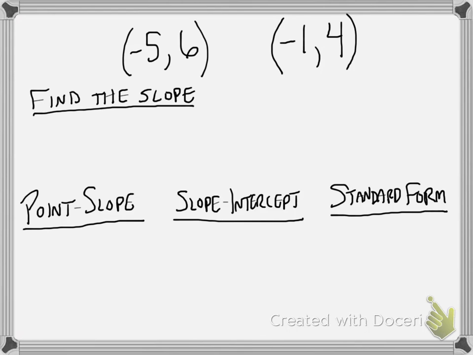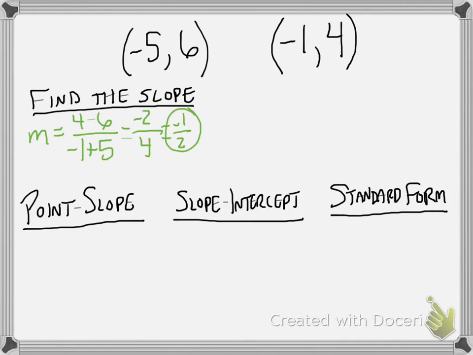So as we look at our points, we know we're going to have m equals 4 minus 6 divided by negative 1 minus negative 5, so that's negative 1 plus 5. As we keep going, we get negative 2 divided by positive 4, so we see that our slope is negative 1/2.